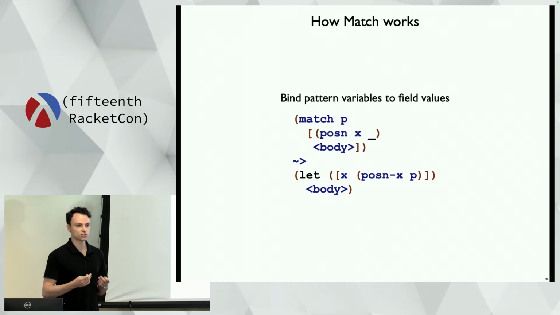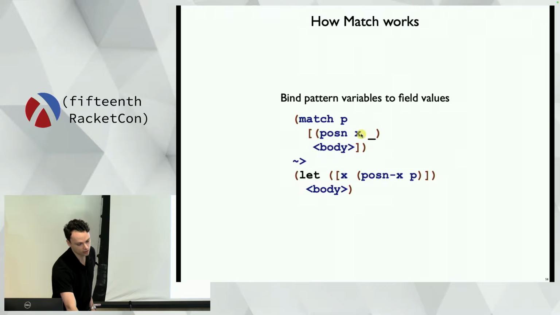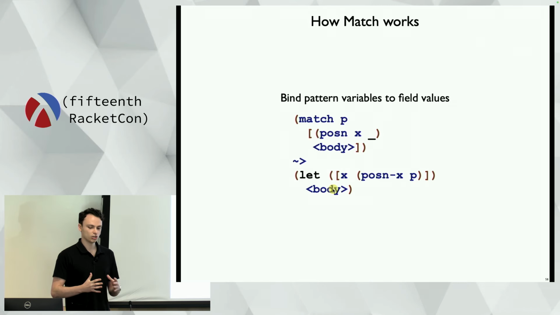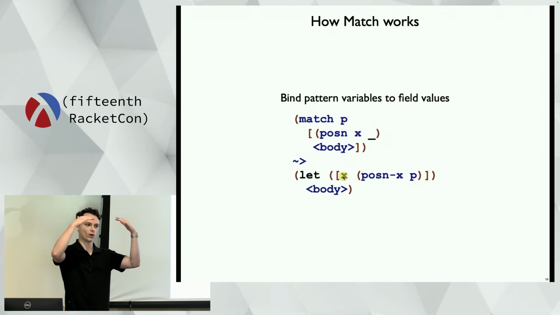So this is a crude oversimplification of how match gets translated to Racket, but roughly what happens when you match on a posn pattern like this is you end up saying let x be posn-x of p, and then you get the body. So if you set! x, you're just mutating the reference to x. You're not changing anything about the posn, because there is no connection to where the x came from. You only get the value.